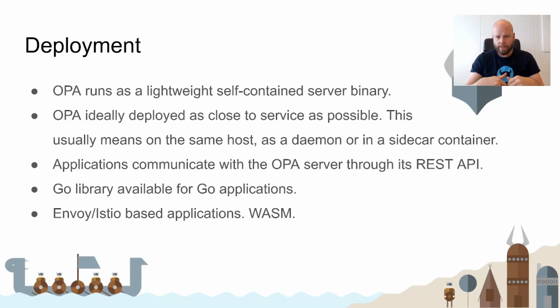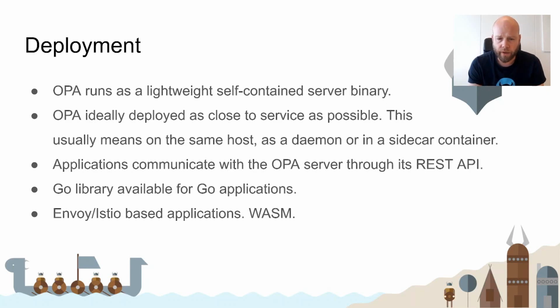You deploy it as close to your service as possible, meaning you don't normally have one big OPA covering all your application permissions needs, but you deploy one OPA per instance of your application or per replica. So normally this would mean that you deploy it to the same host as a daemon, or in the Kubernetes case as a sidecar container.